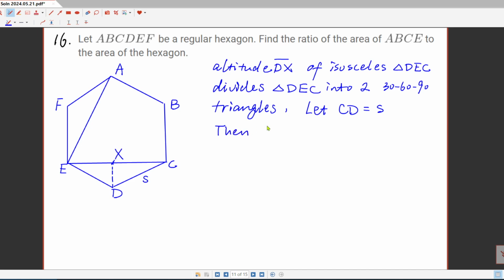Then we have BX equals S over 2, right? And also we have XE equals XC equals square root 3 over 2 S, right? This is what 30-60-90 degree triangles tell us. Therefore, EC is twice of that length, which is square root 3 S.